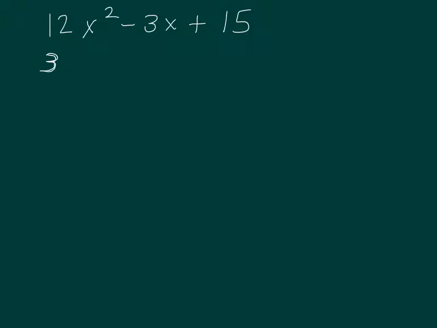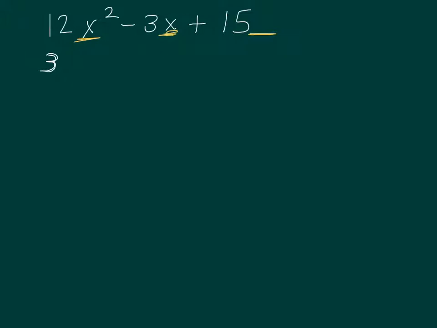What's the smallest x? Well, here's the problem with looking for the smallest x. In this case, I have an x squared here, I have an x here, and I have no variables there.